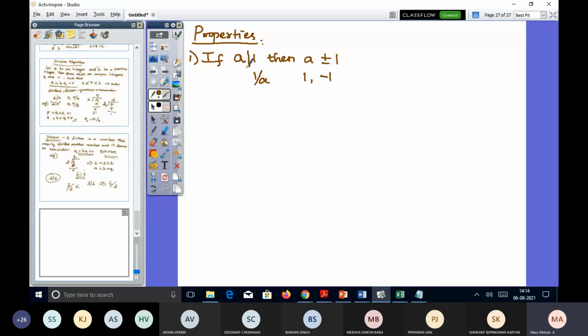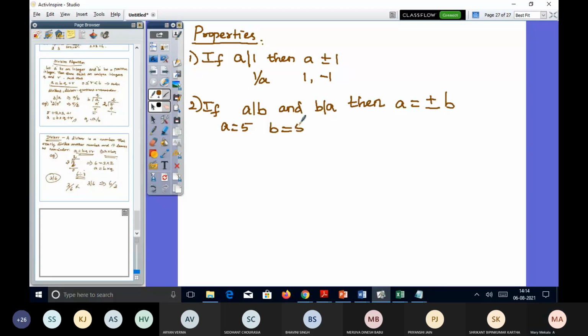And the second property we can write: if A divides B and B divides A, then A is equal to plus or minus B. Okay, now let us assume the value of A is equal to 5 and B is equal to, sorry, A is equal to 5 and B is equal to minus 5.